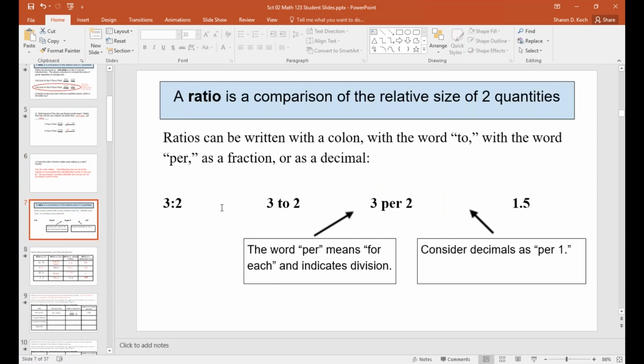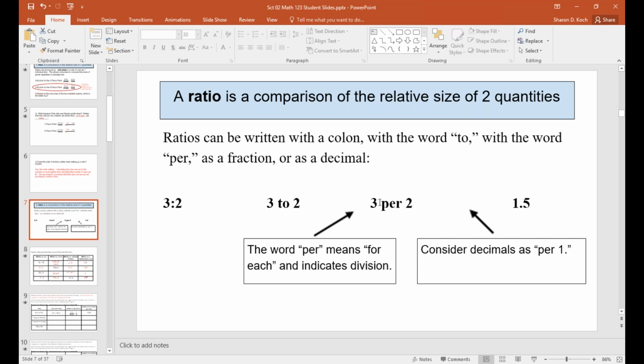Okay, so remember, what is it? It's a relative comparison of two sizes. There are a number of ways that we will do this. Sometimes when we are setting up a ratio, we'll use a colon in between. So in this case, this is a 3:2 ratio. Sometimes we'll actually use the word "to" in there.